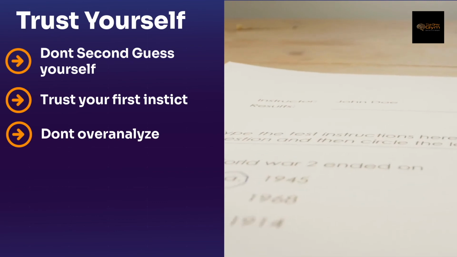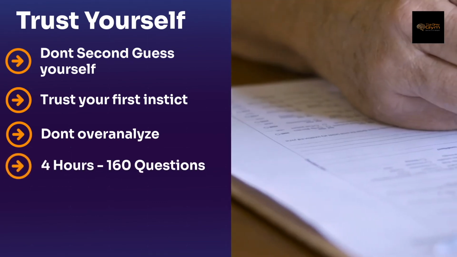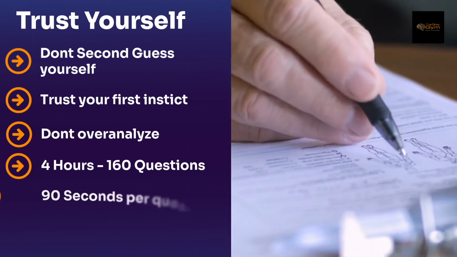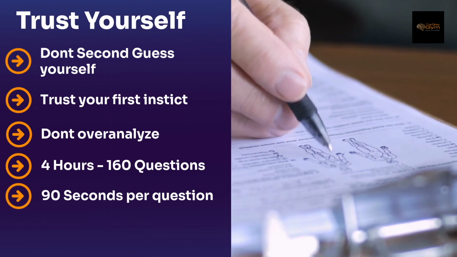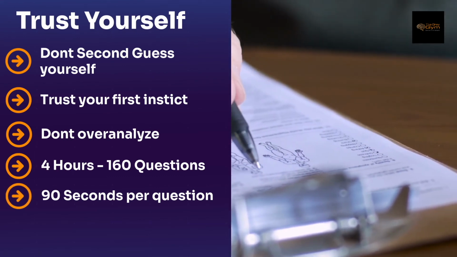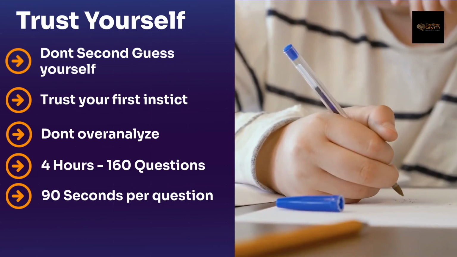Remember that in most HR tests, we have 4 hours to answer 160 questions or so. So that's 1.5 minutes or 90 seconds per question. And trust me when I say this, for 130 questions, you will not need more than 45 seconds if you trust in yourself and follow your first instinct.